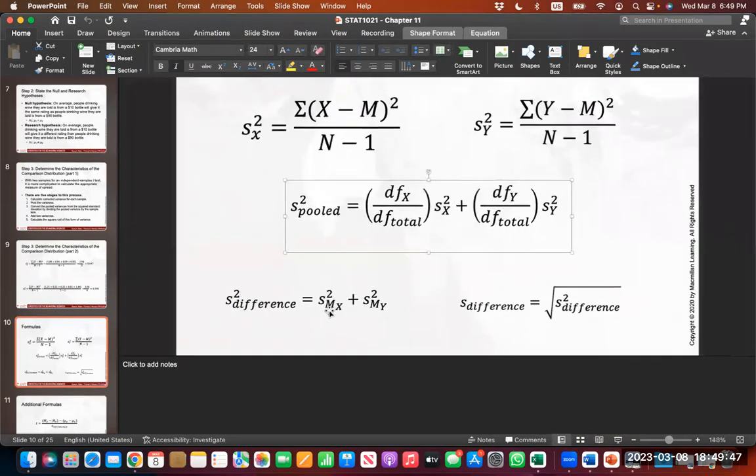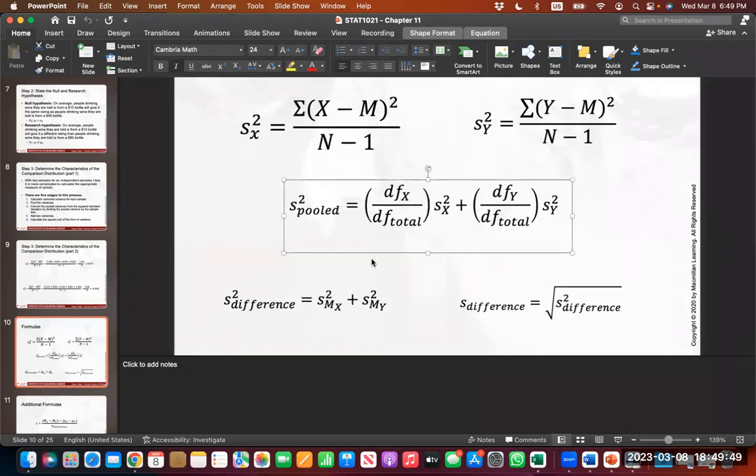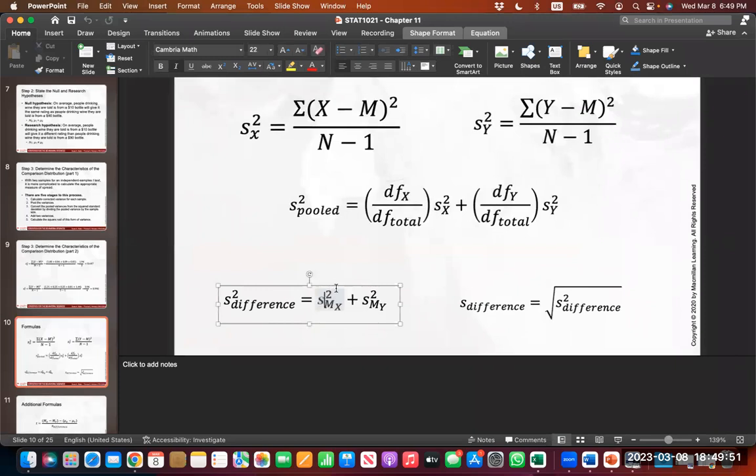Good. Once we have this pooled variance, we need to now calculate our standard error of the mean. And again, there we need to account for 2 samples, because each of these samples come together. So that's why we need 2 different standard errors of the mean. And these standard errors of the means need to be accounted twice and first calculated.